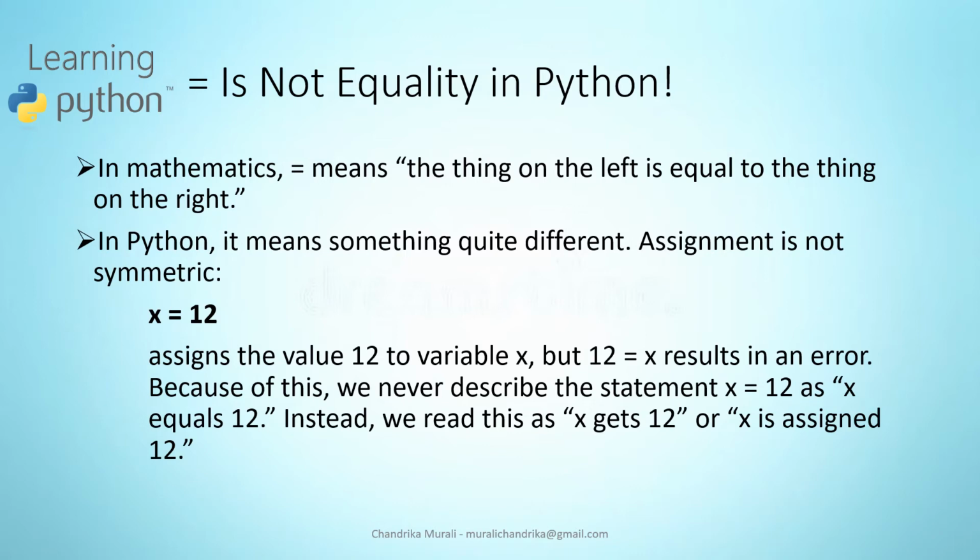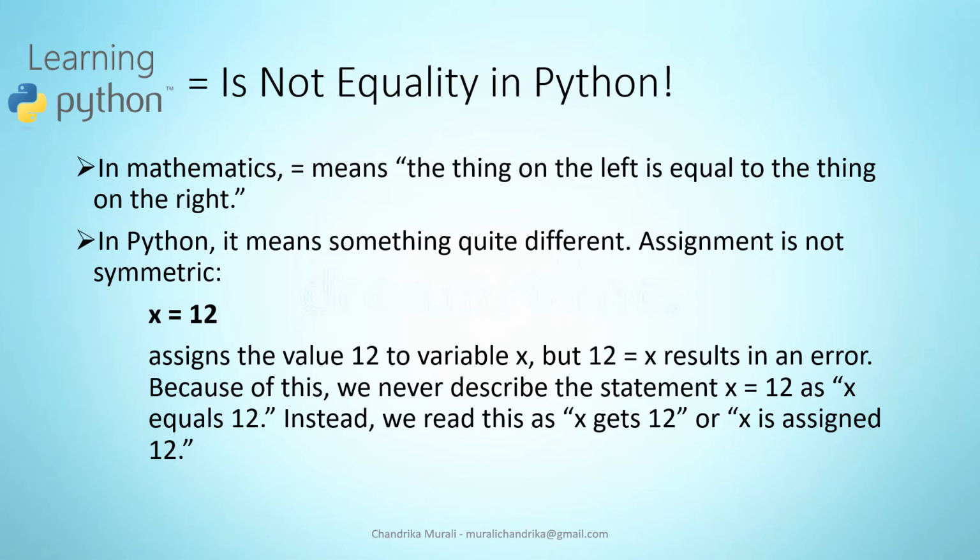Assignment operator means we are giving some value on the right hand side of the assignment operator, and that value will be stored in the variable which is on the left hand side of the assignment operator. As you can see in this example, x is equal to 12. This equal sign is used to assign the literal value 12 to the variable x. Here it is not LHS is equal to RHS, it is 12 assigned to the variable x.